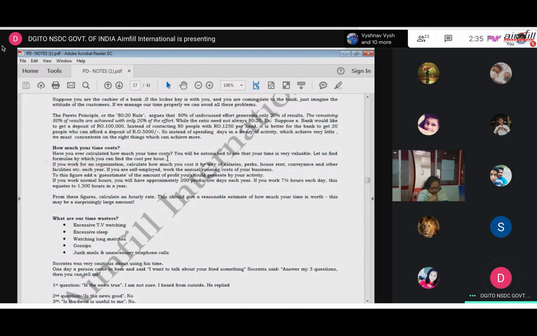Number 4, cost of time per week. 6,30,000, which was our total of what we are earning, divided by 40 weeks, because 8 weeks we took out for holiday.